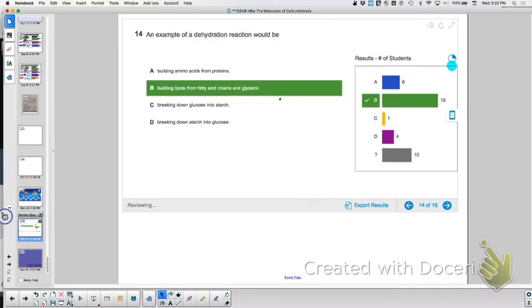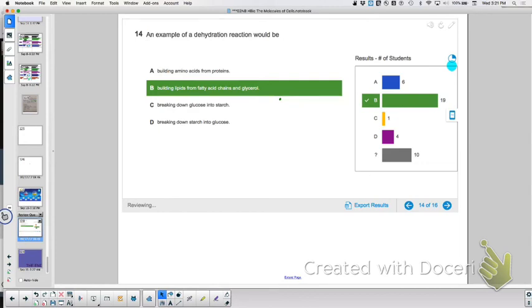Okay, an example of a dehydration reaction would be building lipids from fatty acids and glycerol. Why couldn't you say A? You don't build amino acids from proteins. You build proteins from amino acids. Do you see that? Okay, what's wrong with C? Dehydration reaction is a building reaction, so you don't pick any one of these breaking.